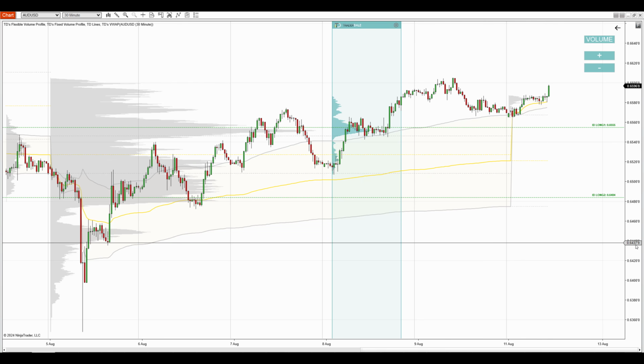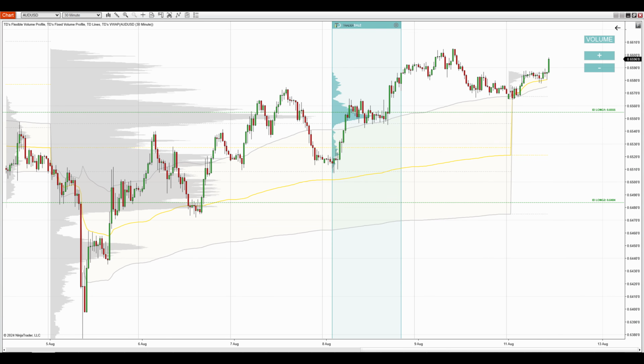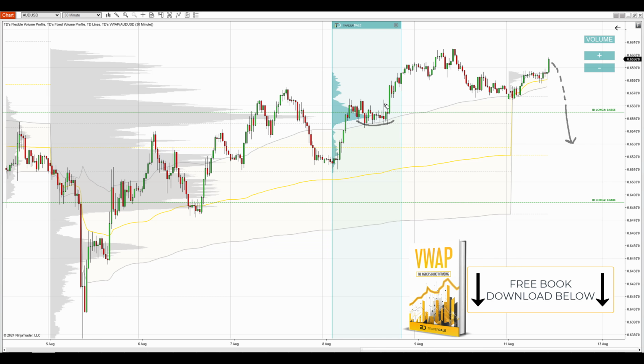One thing that I'm a little bit afraid of here is this weak low, and the risk here is that the price could just test the liquidity below all those candles below this weak low.